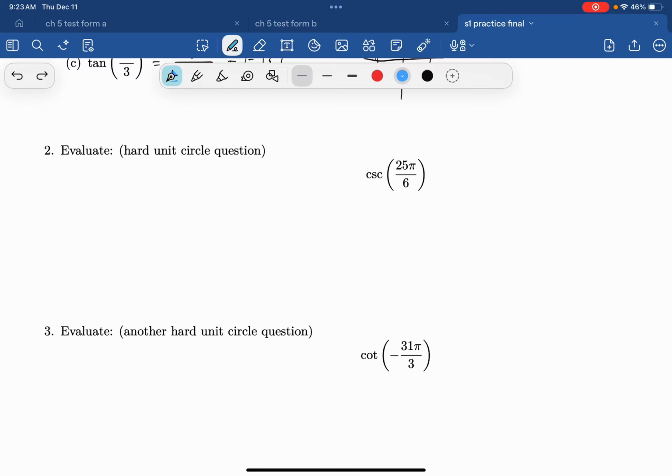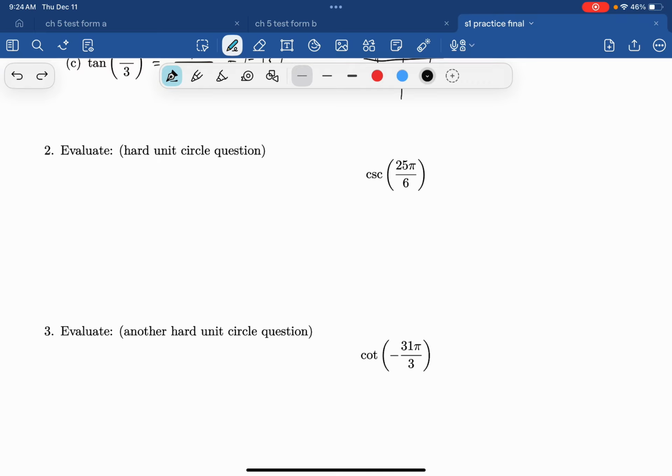The reason is that whenever we subtract any multiple of 2 pi, we always return to the same point on the unit circle, because all these functions have a period of 2 pi, or pi, which is still okay because that's a fraction of 2 pi. So to solve these questions, we're going to subtract or add some multiple of 2 pi until we get an angle that's between 0 and 2 pi.